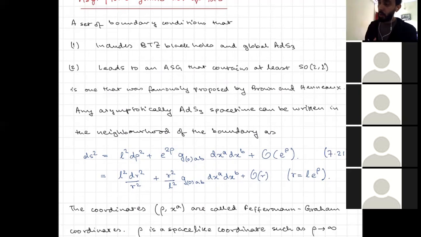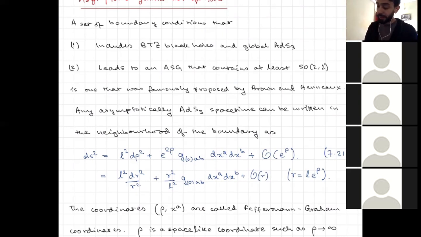So now what you want to do is look at a set of diffeomorphisms of this. And the thing that you need to keep in mind is that the form of the metric has to stay the same. So you are going to have restrictions on the Lie derivatives of these particular pieces of the metric.